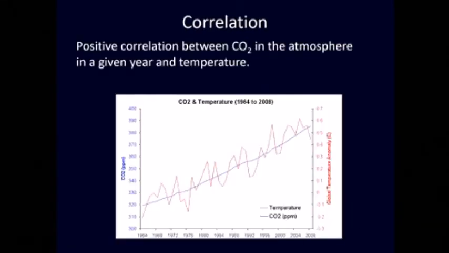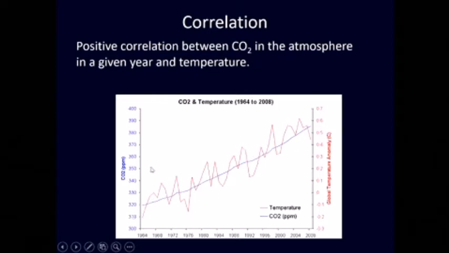I just want to show you a few more examples of positive correlations. This is a positive correlation between two things. The blue is the amount of carbon dioxide, parts per million, in the atmosphere against time, 1964 to 2008. You can see it's going up and up and up. And also here we've got global average temperatures, which wobble up and down quite a lot.